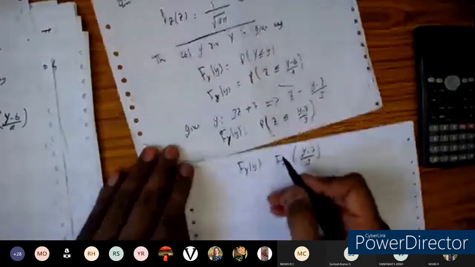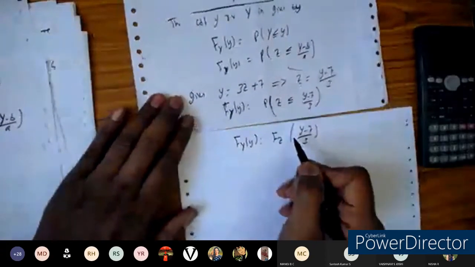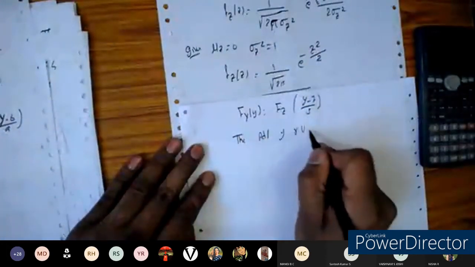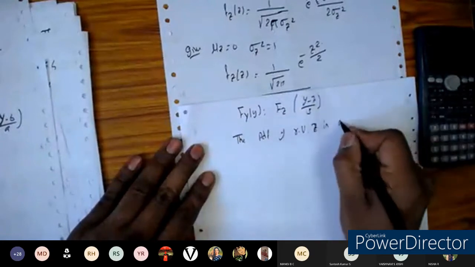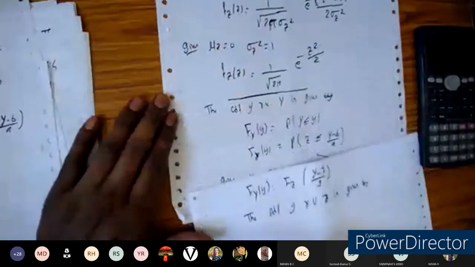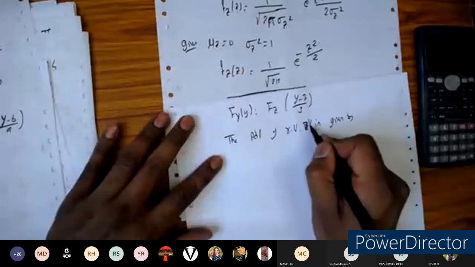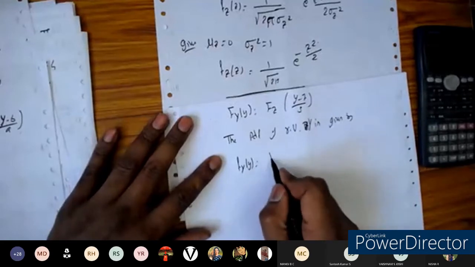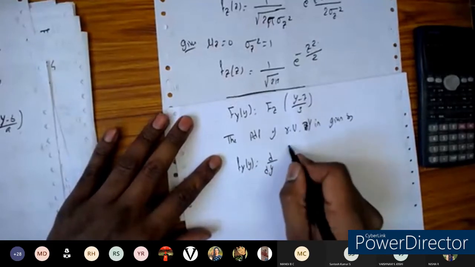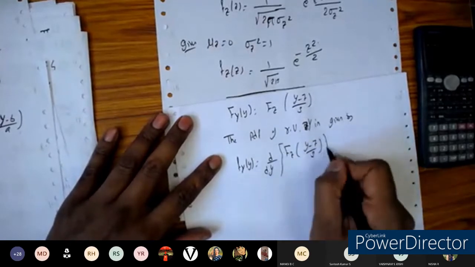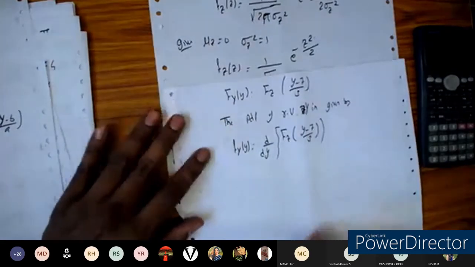So this is F_Y(y) in terms of F_Z. Now the PDF of the random variable y, sorry, random variable y, not z, is nothing but f_Y(y), which is equal to d by dy of F_Z of (y minus 7) divided by 3.